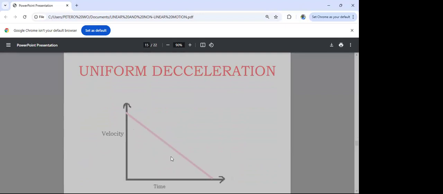So we have seen three velocity time graphs. We have seen uniform velocity, which is a straight line, uniform acceleration, which moves upwards, and uniform deceleration, which moves downwards.